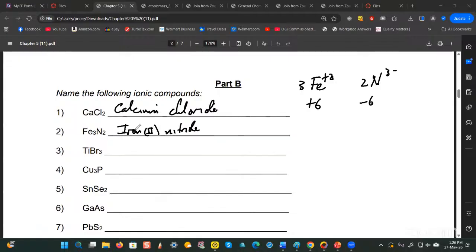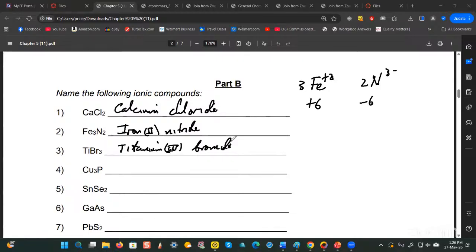Sorry, it's titanium 3 bromide. Titanium 3 bromide. No, 2, so. Because titanium can exist as, if I remember correctly, +3 and +2. I could be wrong. So you have to again specify which one it is.